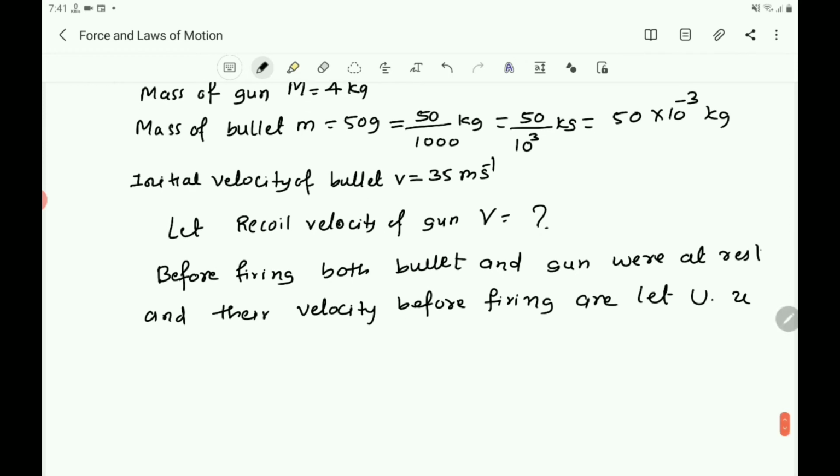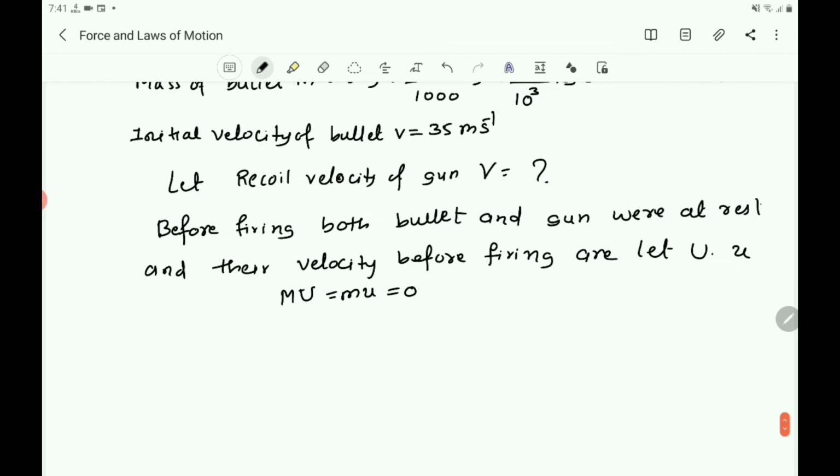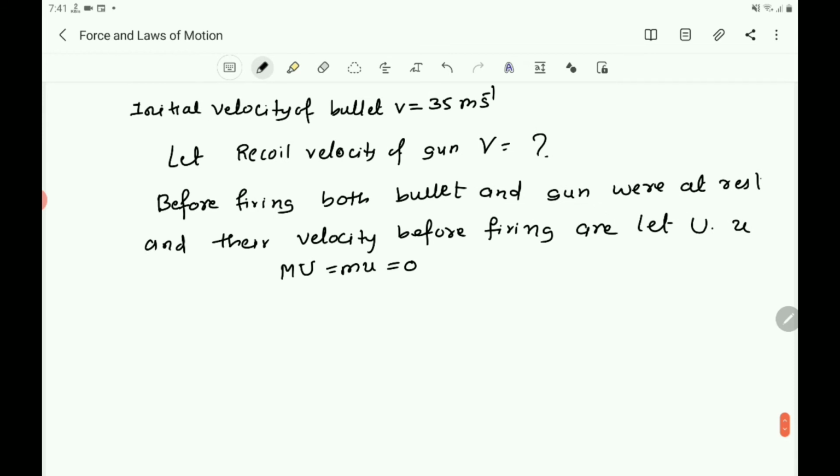So here both are at rest, which means MU plus mu equals 0, so the total momentum before the firing equals 0.